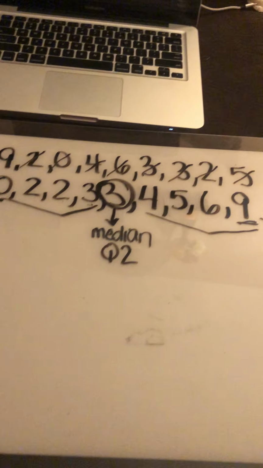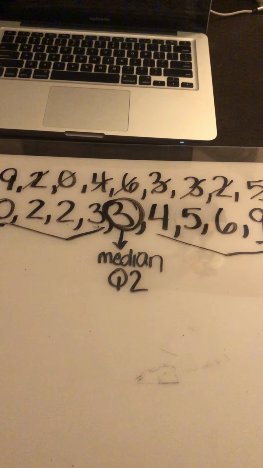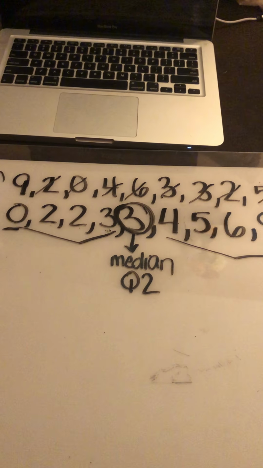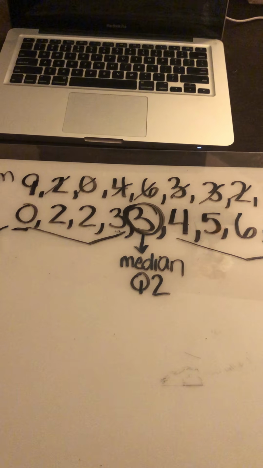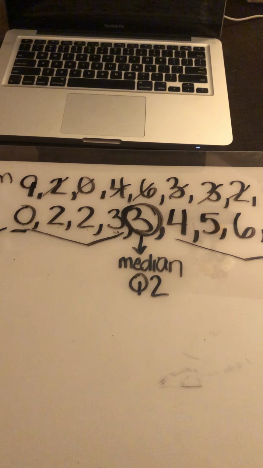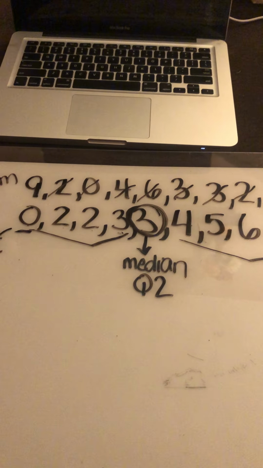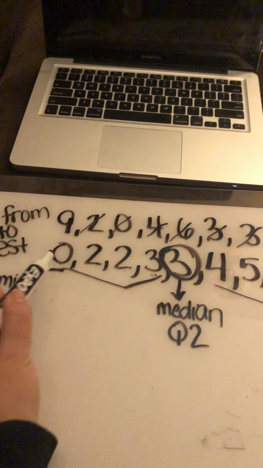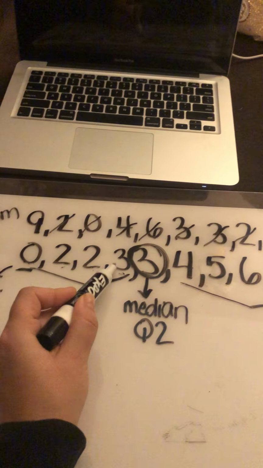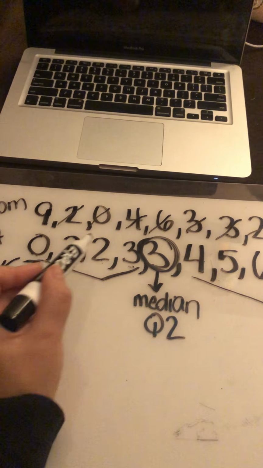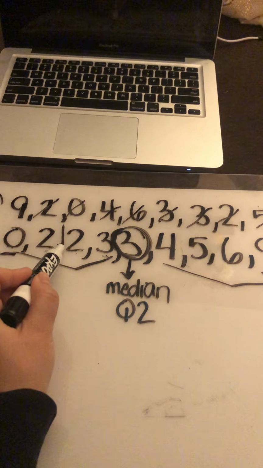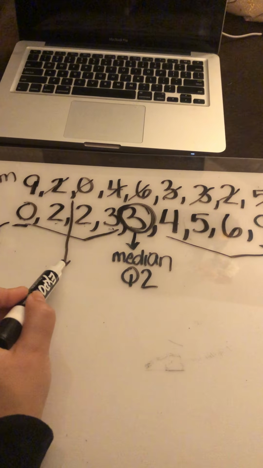Okay? Now, to find the lower and upper quartile, what you do is you find the median of the lower set and the higher half of your data. So we want to look for the median of this lower half. So we look at these numbers. The middle would be right in between 2 and 2.